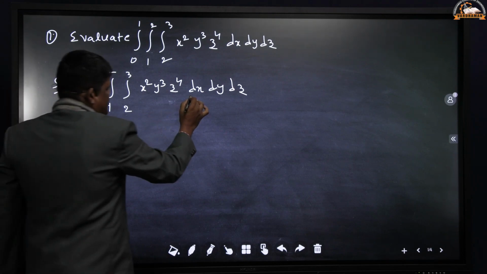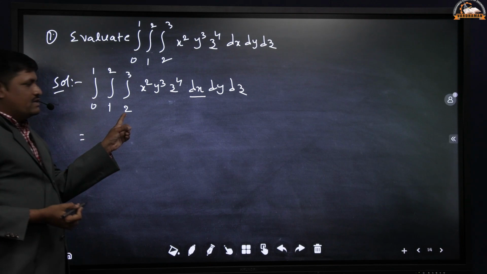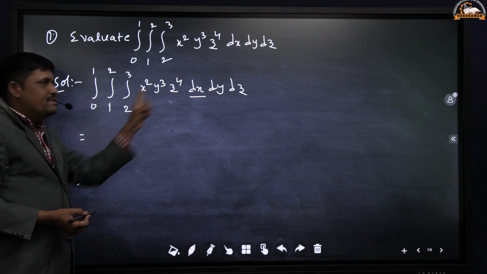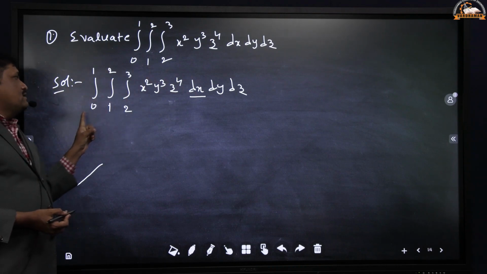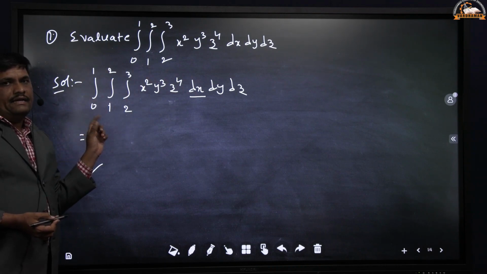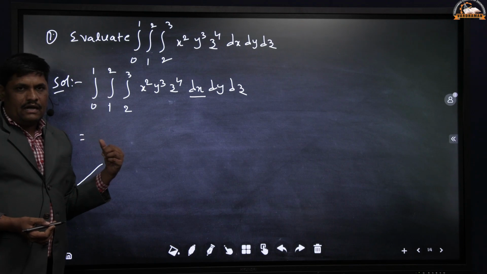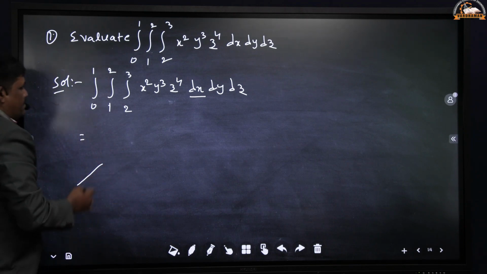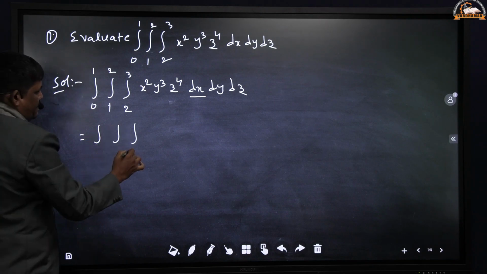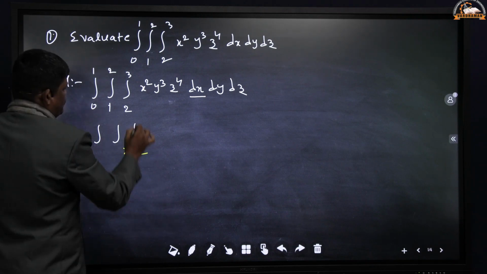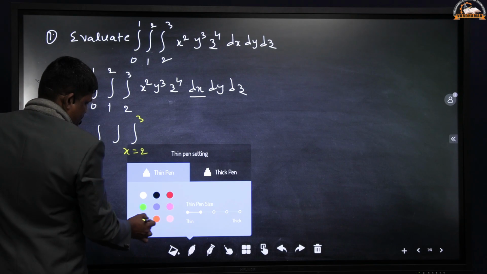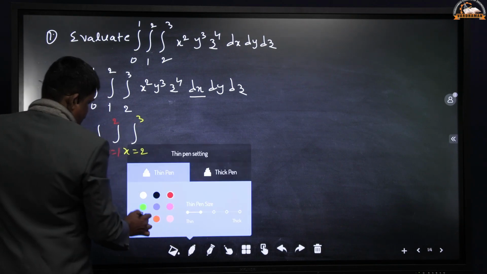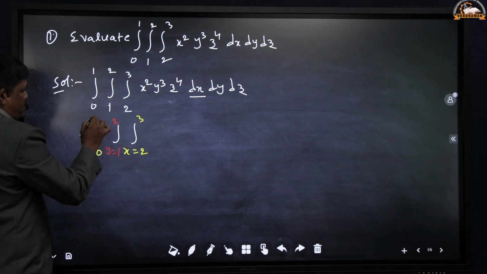Now I have dx here, so I am preferring the first one is x, dy is there, the second one is y, and dz is there, the last one is z. It's my choice, but according to the properties you may take whatever order. It is random. Now I am taking x as 2 to 3, y as 1 to 2, and we get z as 0 to 1.